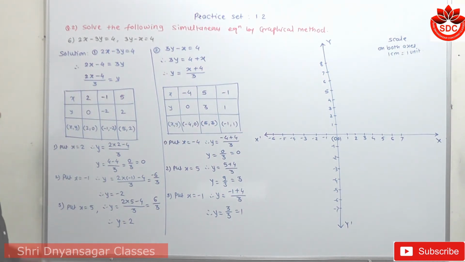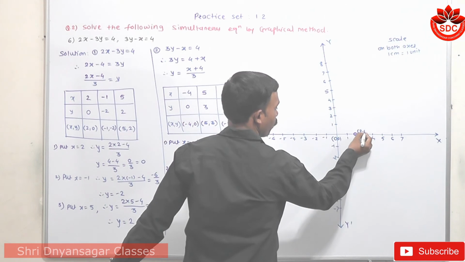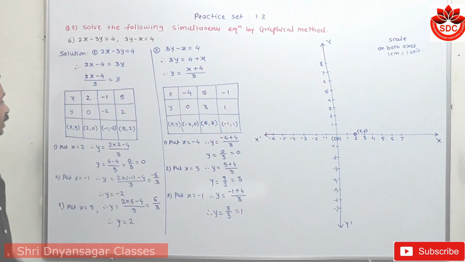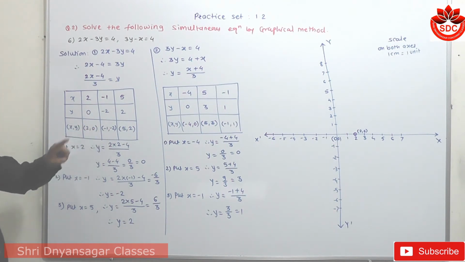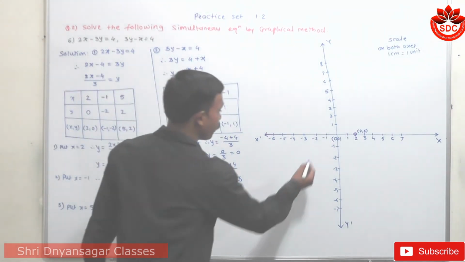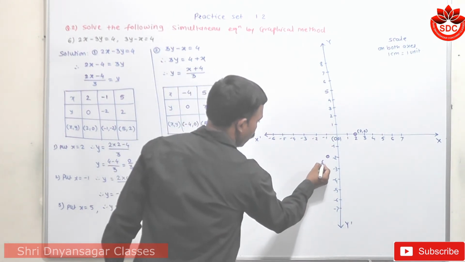Now here, first one is 2 and 0, means it lies on the x-axis. So the first point is 2 and 0 lies here. Then the second one is minus 1 and minus 2, both having minus sign, so it lies in the third quadrant, minus 1 and minus 2 right here.